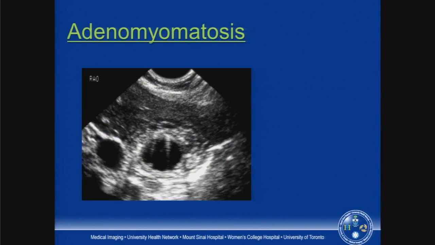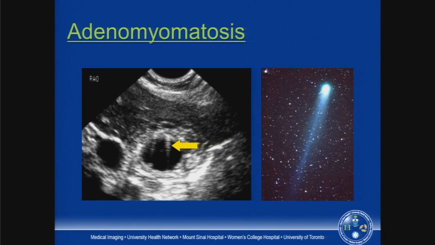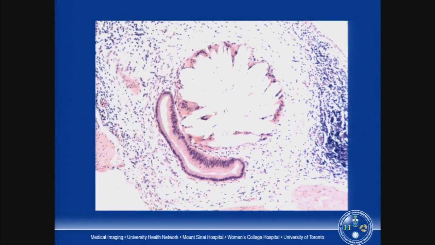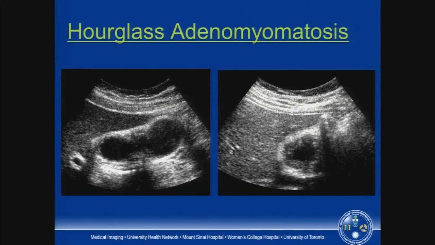Adenomyomatosis, we see this all the time. The so-called ring-down artifact or comet tail artifact from cholesterol crystals in the Rokitansky-Aschoff sinuses, shown here histologically within the gallbladder wall. But I want to draw your attention to two particular types of adenomyomatosis that can sometimes cause confusion.